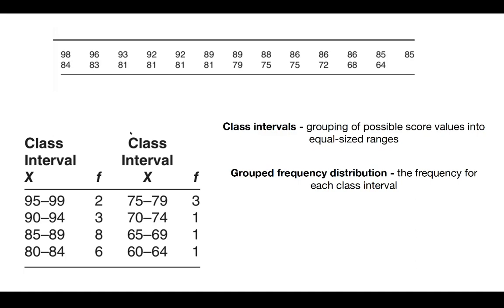So for example, we have a class interval of 95 to 99, and it is represented by a group frequency of 2, meaning that between 95 and 99, two values were actually recorded.